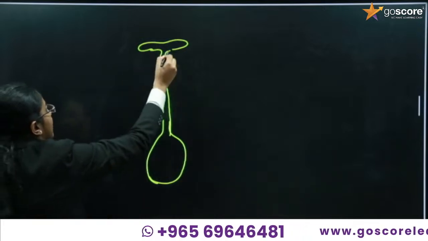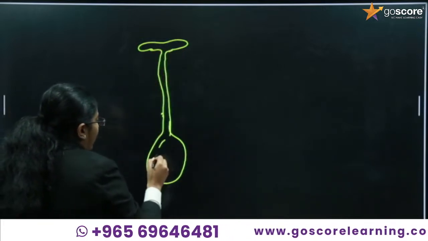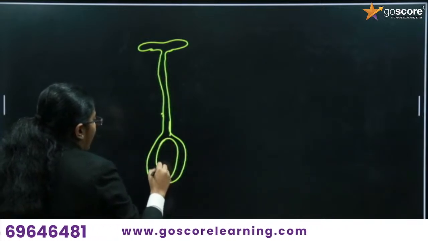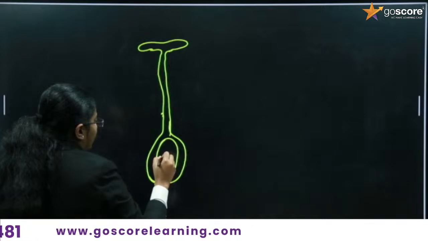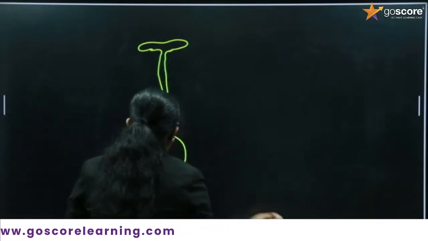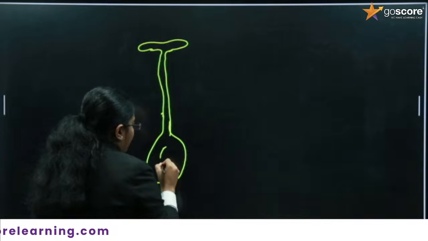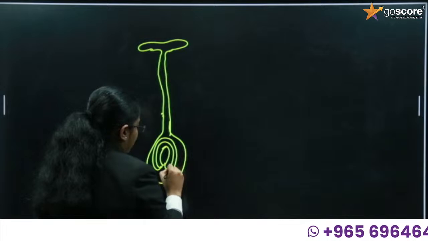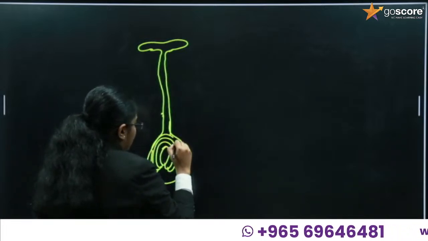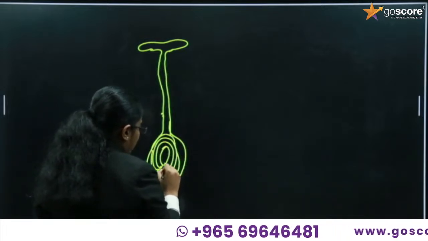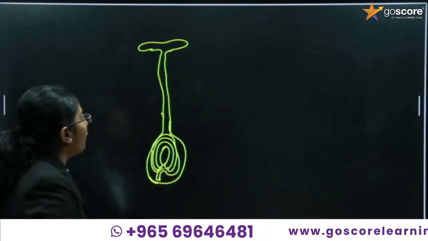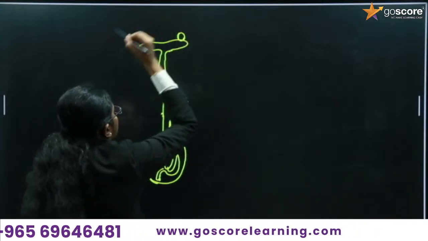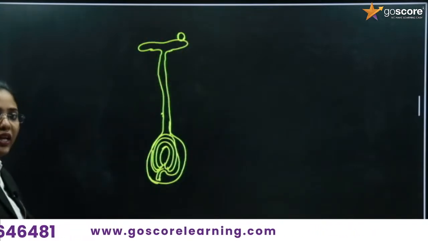Inside the ovary, you know that there is an ovule, and inside it there is an embryo sac. So if a pollen grain attaches to the stigma, pollination occurs.